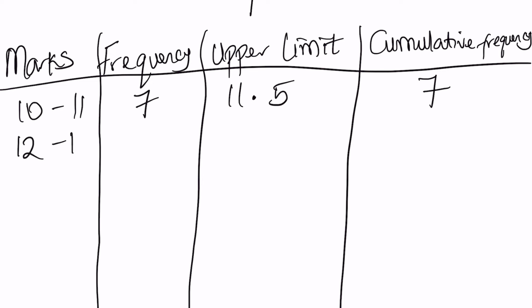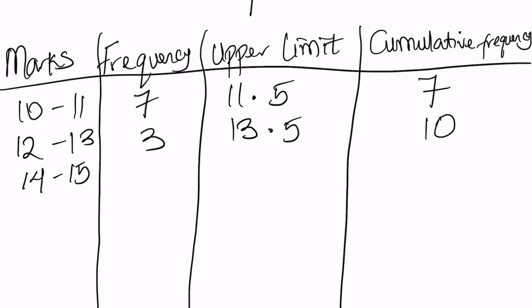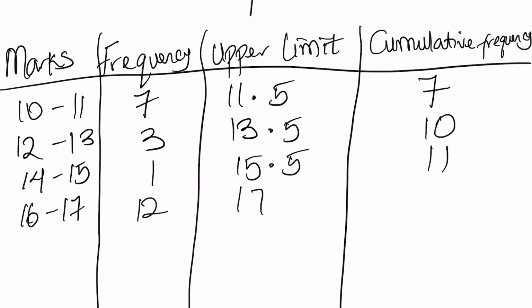For our 12 to 13, where we have 3, the upper limit is 13.5 and the cumulative frequency is 10. For 14 to 15, we have 1, 15.5, and 11. For our 16 to 17, we have 12, 17.5, and 12 plus 11 is 23.